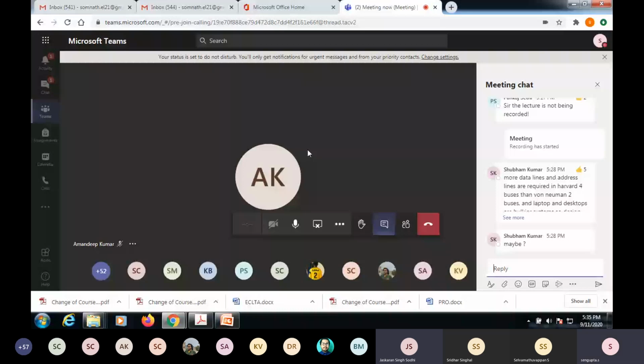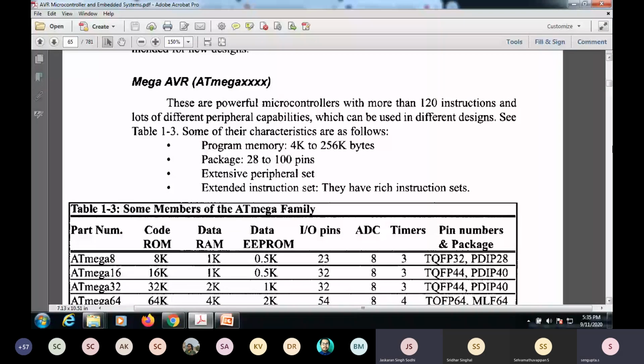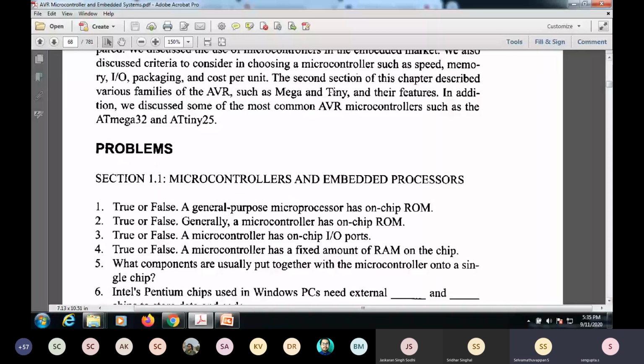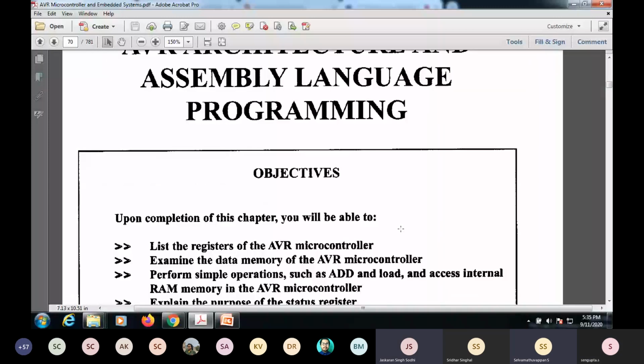One minute. Should I read the exact line? No, please show me the thing. Whether their interpretation is correct or not, I just want to see that. Okay, which page number? Sir, it's page number 40 of the PDF. Okay.